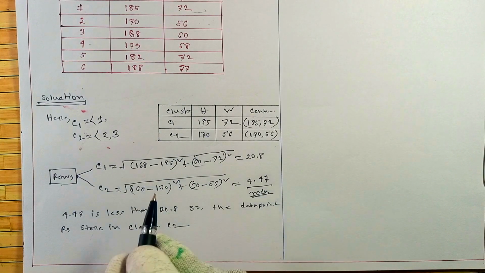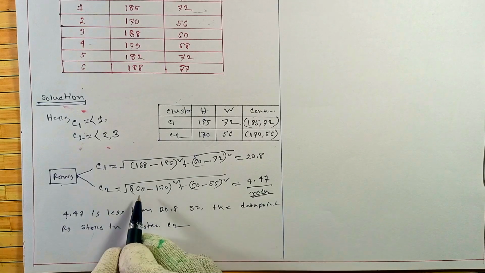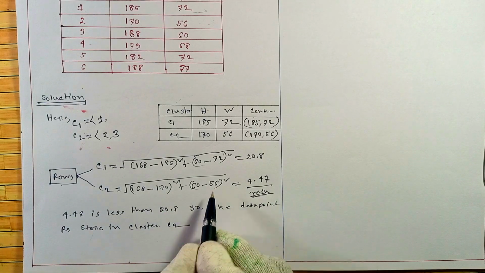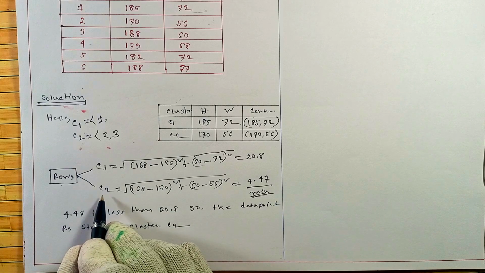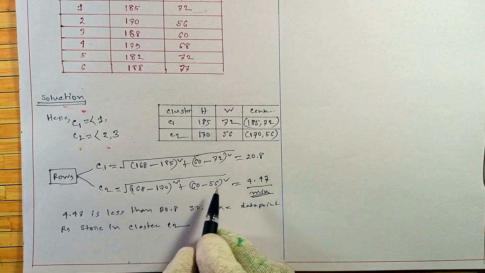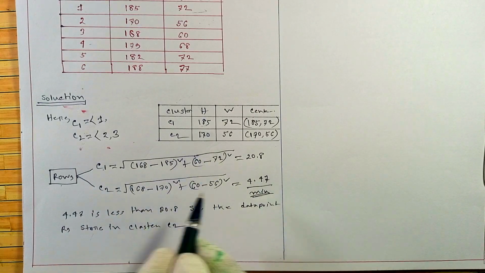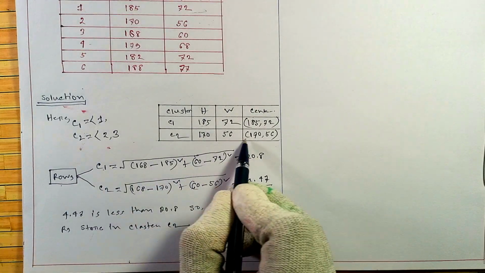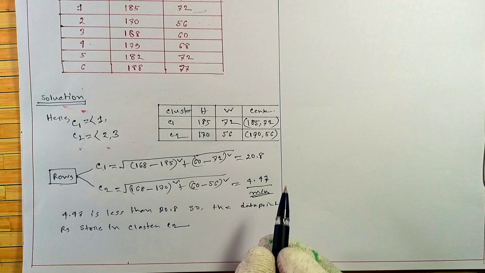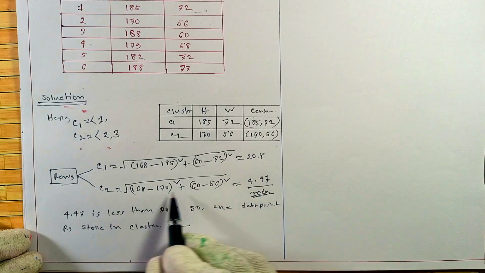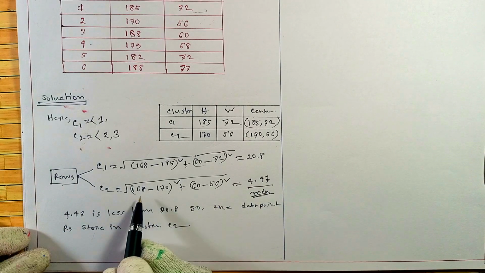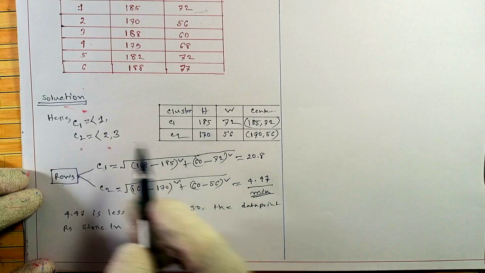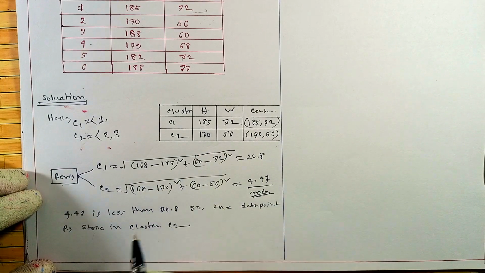How can we update it? For updating the value, we have to add these two values and these two values and divide by 2. C2 is less, that's why the row value is stored there, and we have to update C2 because it's minimum. You understand? Every time, whichever one is minimum, that value will be stored in C2, and these values will be added.